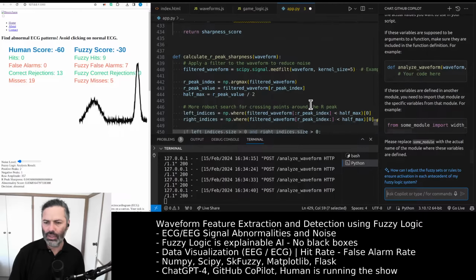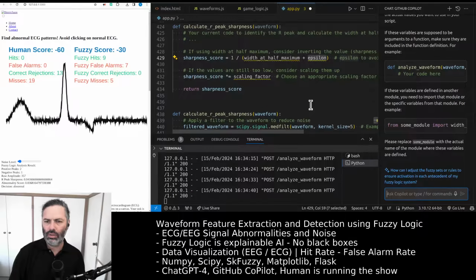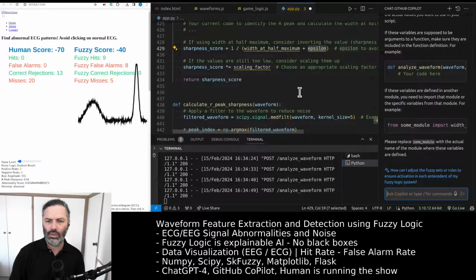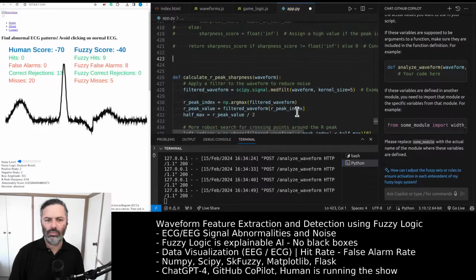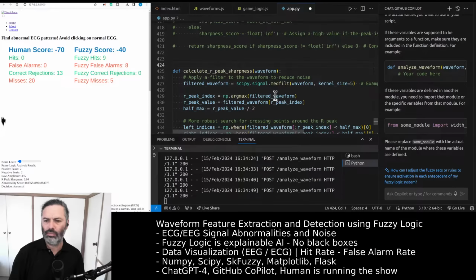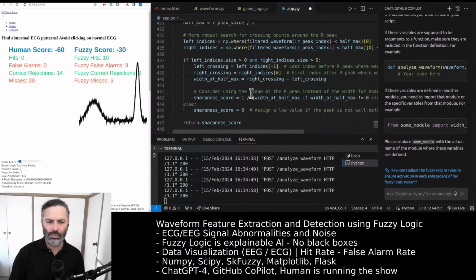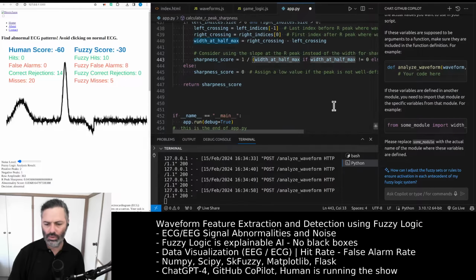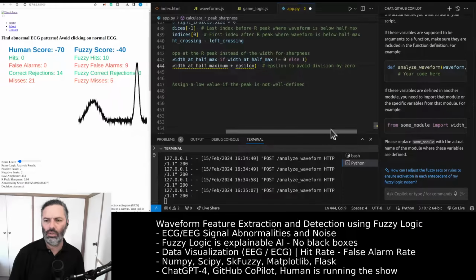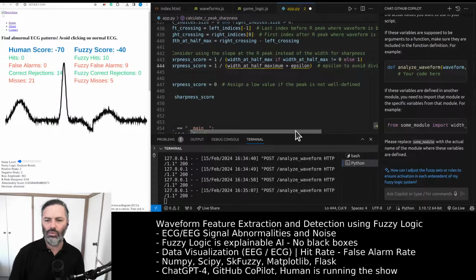I'm talking about the actual sharpness score. To avoid division by 0. I don't think that's the problem.